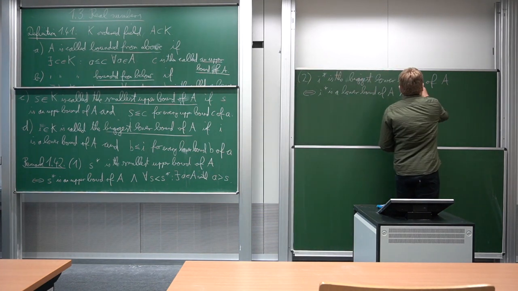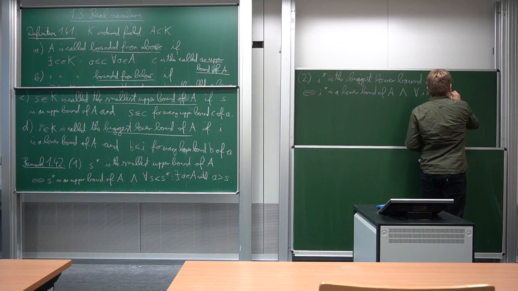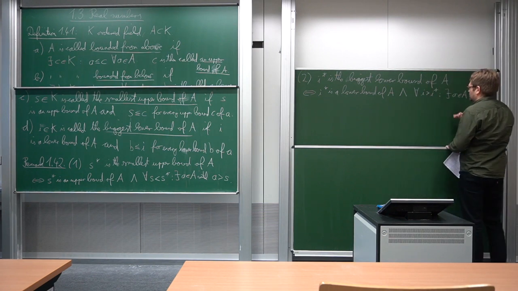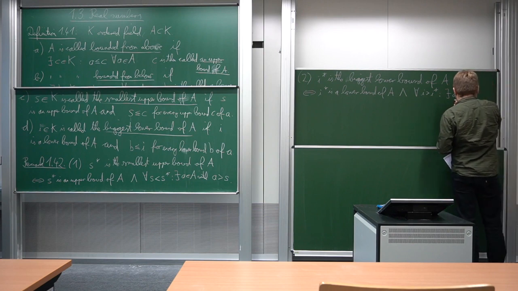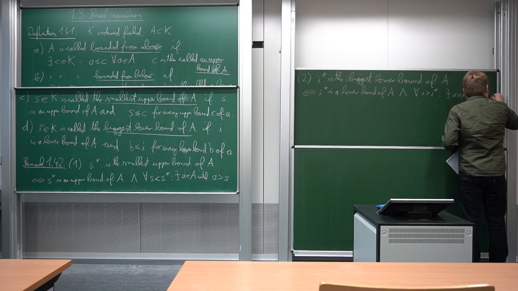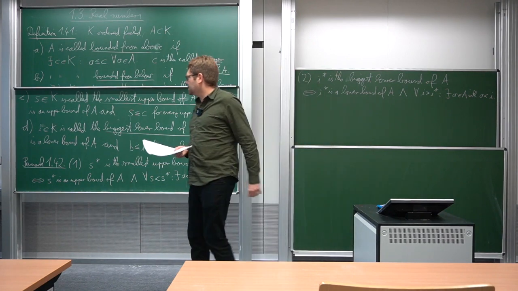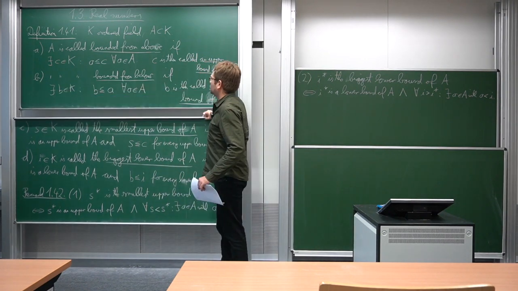So for all I bigger than I star, there exists an element of A which lies below, so this cannot be a lower bound. So there exists an a in A with a smaller than I. Completely analogous to the upper bound version.